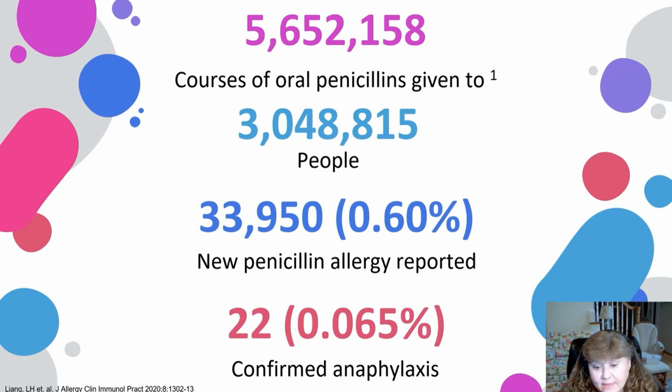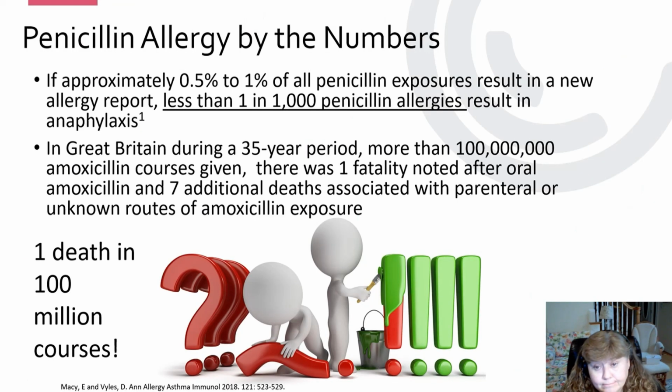So the odds of having anaphylaxis to a course of penicillin or penicillin derivatives is pretty low. What they also found is that if approximately 0.1 to 1% of all penicillin exposures result in a new allergy report, less than 1 in 1,000 penicillin allergies actually result in anaphylaxis.